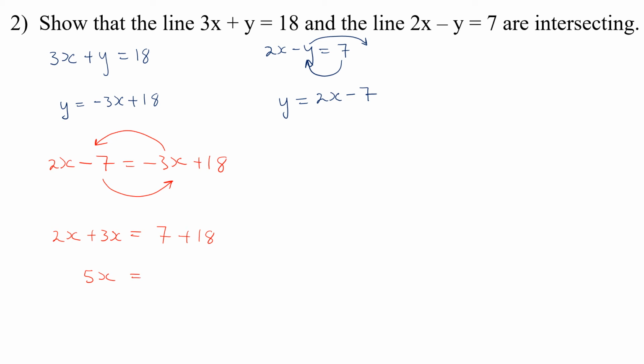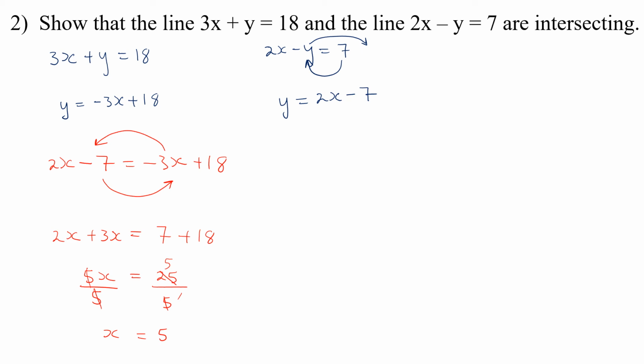And 7 plus 18, my math serves me well, that's 25. Then I divide by 5. 5 cancels 5. What I do on one side, I do on the other. And that means that x is equal to 5. Because 5 could go into itself once, and 5 could go into 25 5 times. So x is equal to 5.